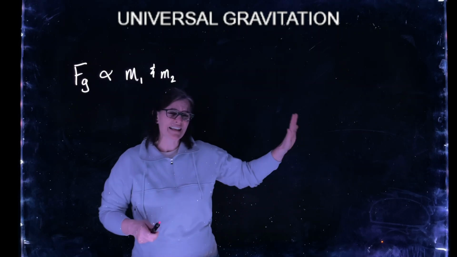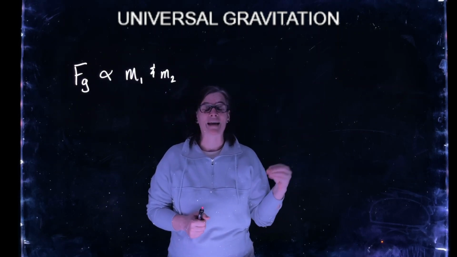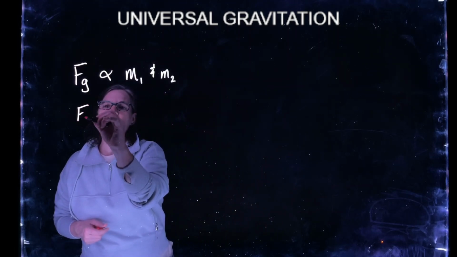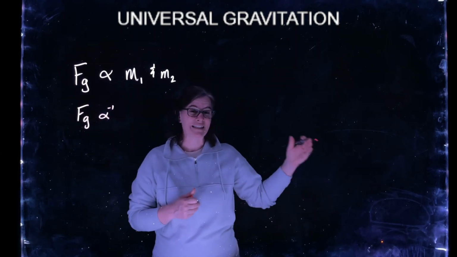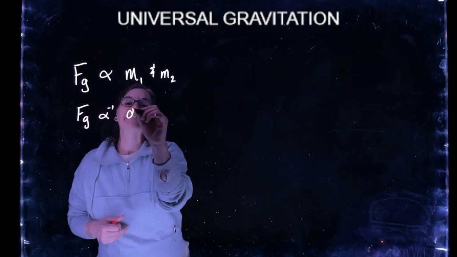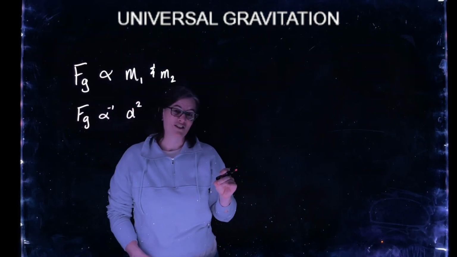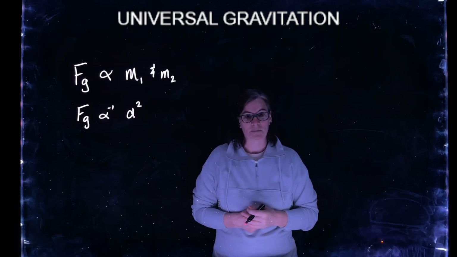I have much less influence over something further away from me than I do something close by. It actually goes down by a lot. The force of gravity between two objects is inversely proportional, not just to the distance, but to the distance squared. So one small change in the distance results in a much larger change in the force.